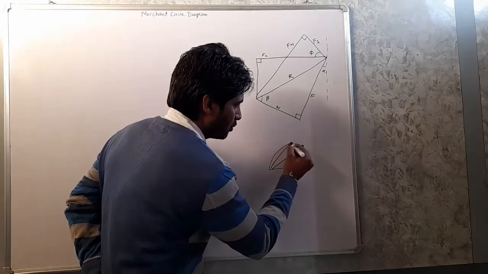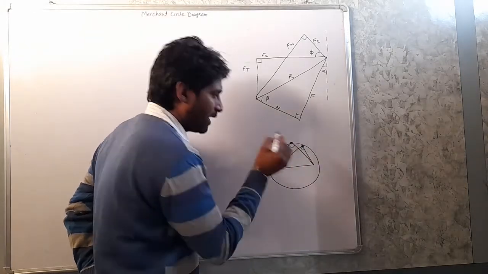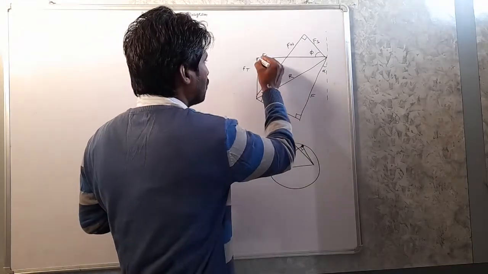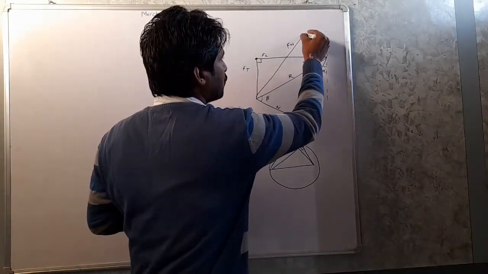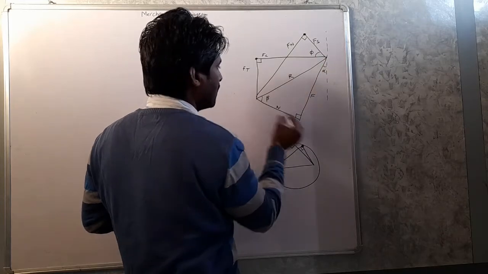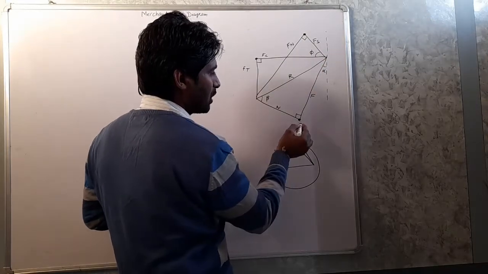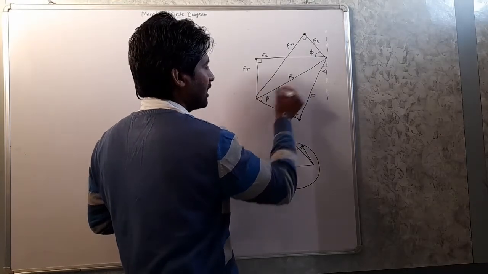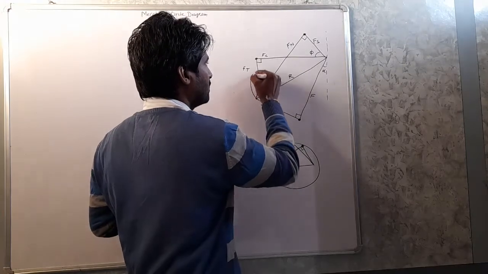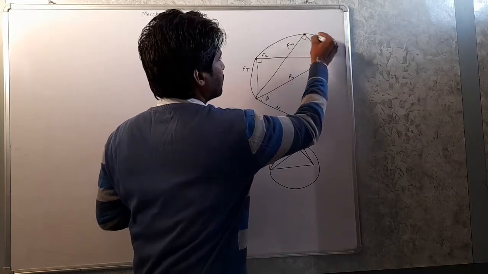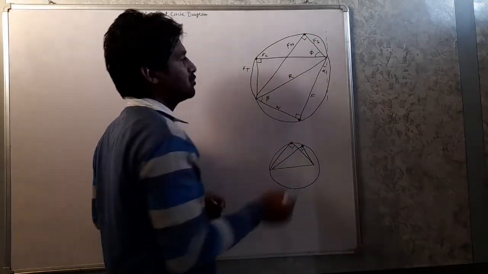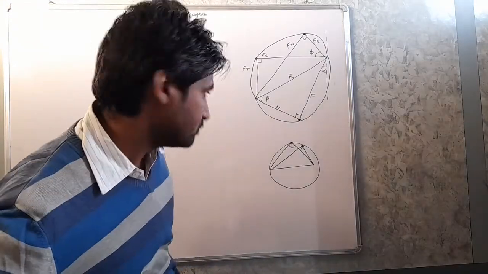This is a theory. That's why this is called a circle, because all these points will come on the periphery of the circle. This R is the diameter of the circle.